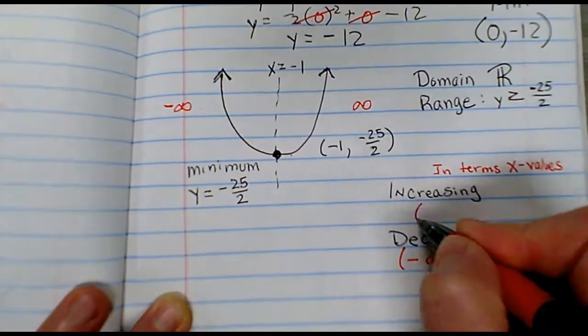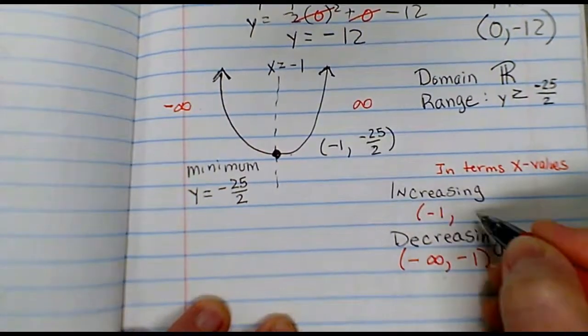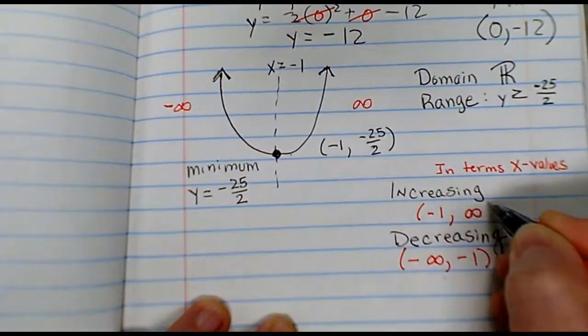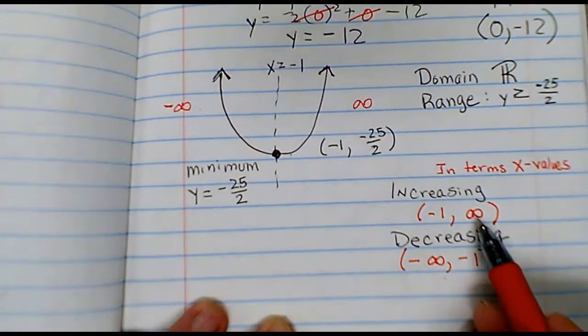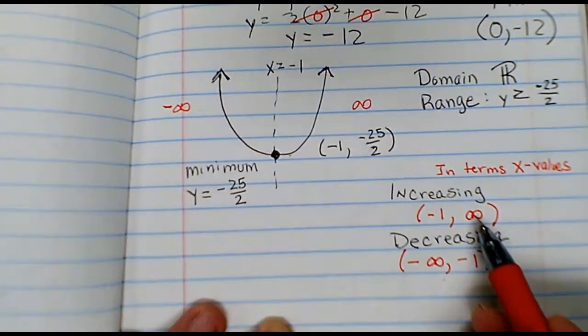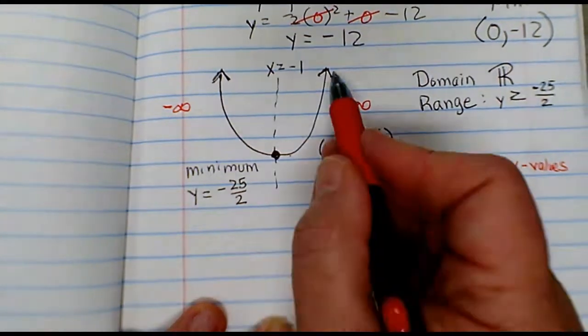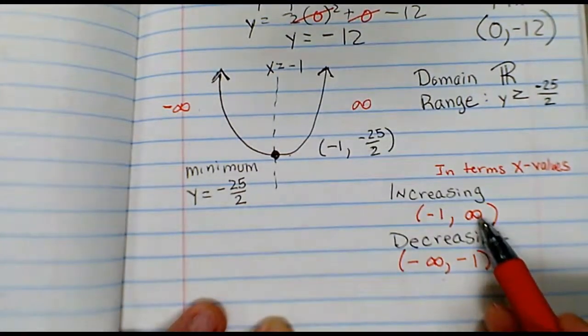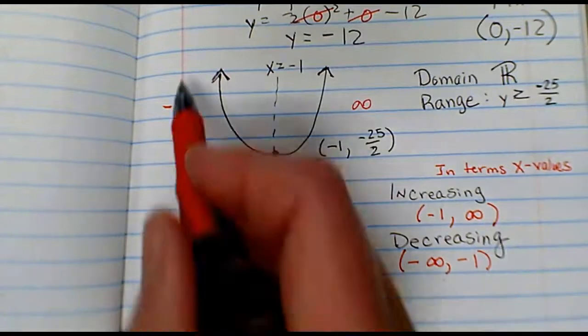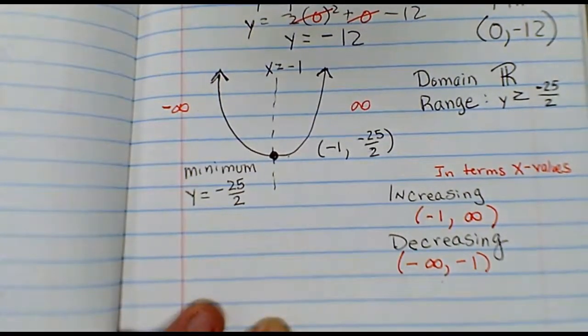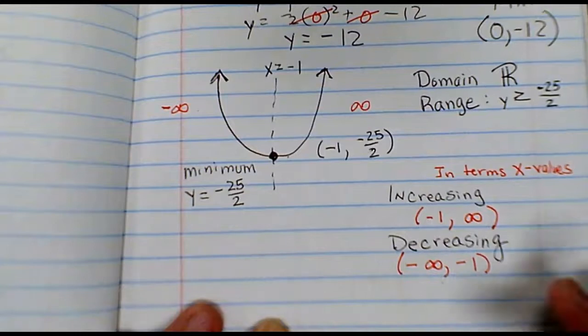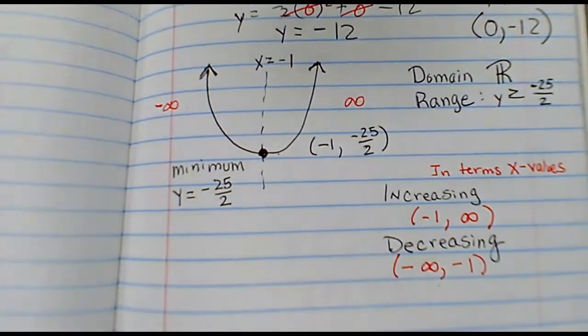So starting at negative 1, we go up and up and up, and we also go to the right and continue going to the right as far as we can. So this is telling me on the positive infinity side we're increasing, on the negative infinity side we're decreasing. Took me 2 whole pages to do one example.